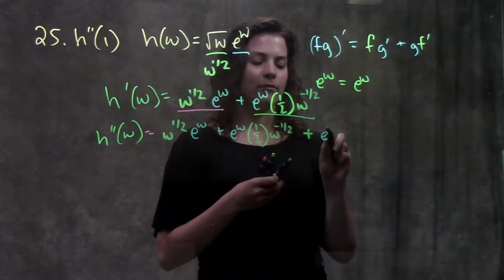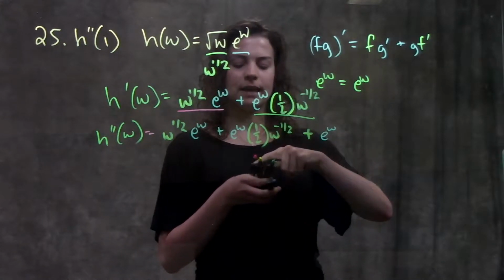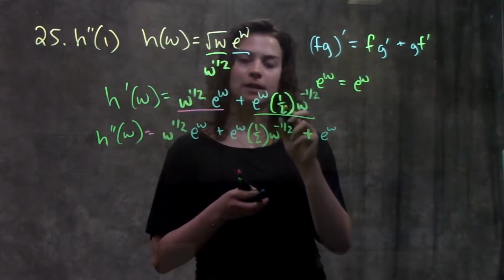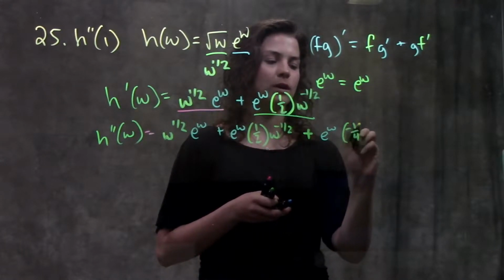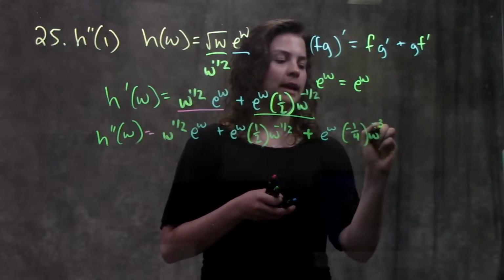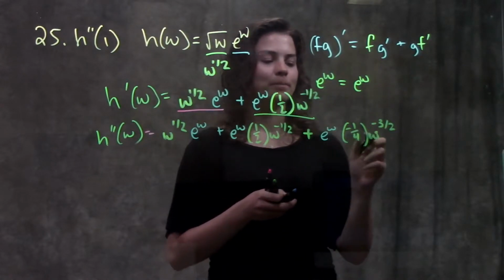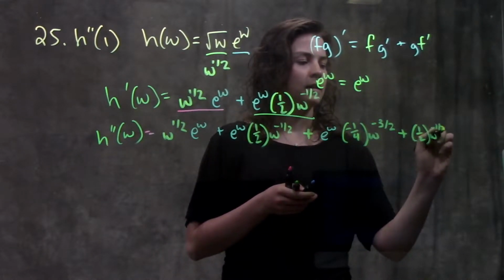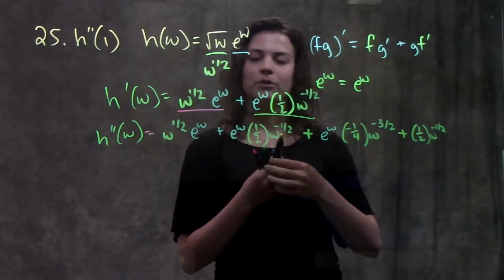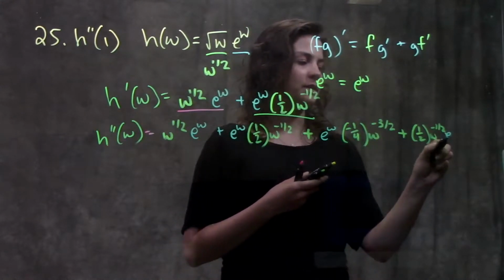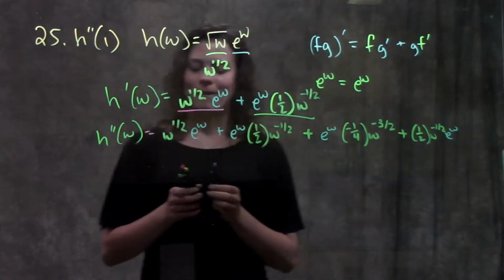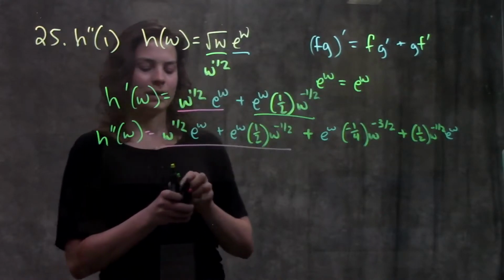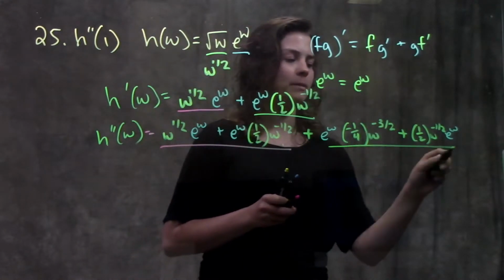I have my first times the derivative of the second. This time I bring down a negative 1/2. Negative 1/2 times positive 1/2 gives me negative 1/4, w to the negative 3/2 when I subtract 1, plus my second times the derivative of the first. Derivative of e to the w is just e to the w. Okay, so here is my derivative of this first part. Here's my derivative of the second part.